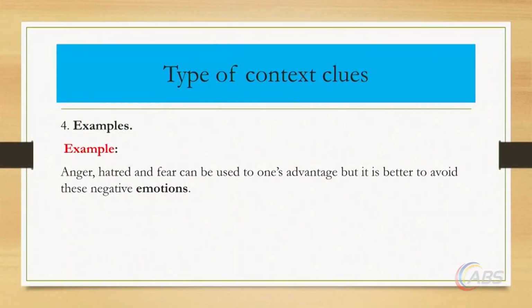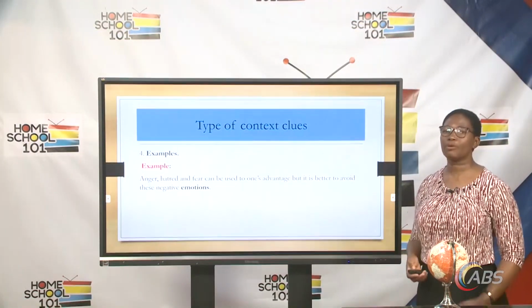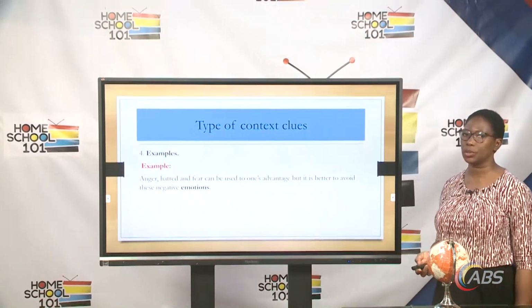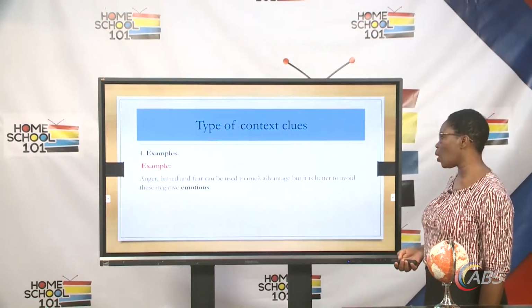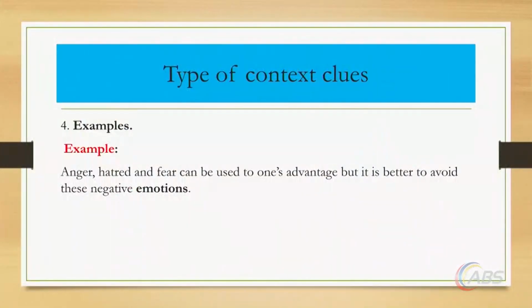Number 4, examples. In the context, the writer may also provide examples for things that might be unknown to the readers. So, for instance, you have anger, hatred, and fear can be used to one's advantage, but it is better to avoid these negative emotions.